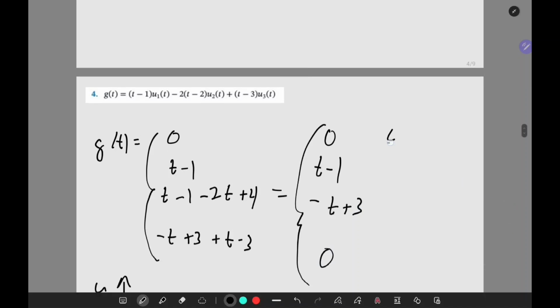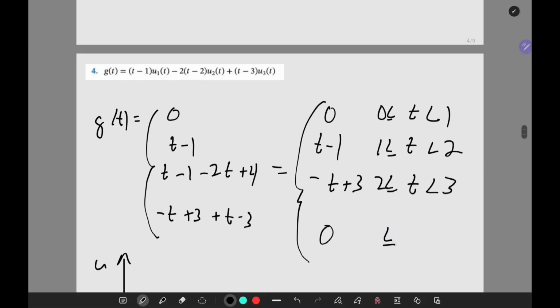Intervals. Less than, start with 1. Start with 1. Go to 2. Start with 2. Go to 3. And then we end with 3.